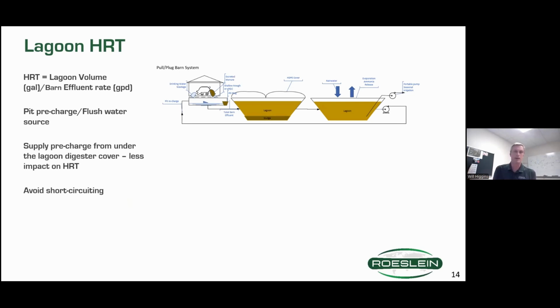We would estimate a wastage number to add to that. And then depending on if you have flush water or pit recharge water or just a scraper, that might add some additional water coming out of the barn. And as that flows through the lagoon, it's only got so much time. So this is the gallons divided by gallons per day, and you end up with HRT, which is measured in days typically.